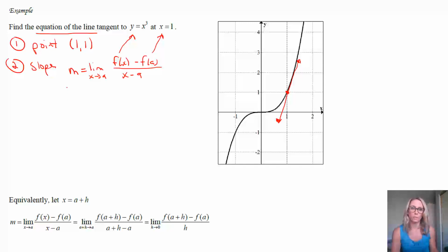So now we can just plug in what we have, which is the limit as x goes to a of f of x. Well, that is our function here, so don't forget that I could write this just as easily as f of x equals x cubed, minus f of a, which is just f of 1. So coming down here, we see that that's the same as 1 cubed, which equals 1. We already knew this because we have our point here, so it's just 1. And then we divide that by x minus a.